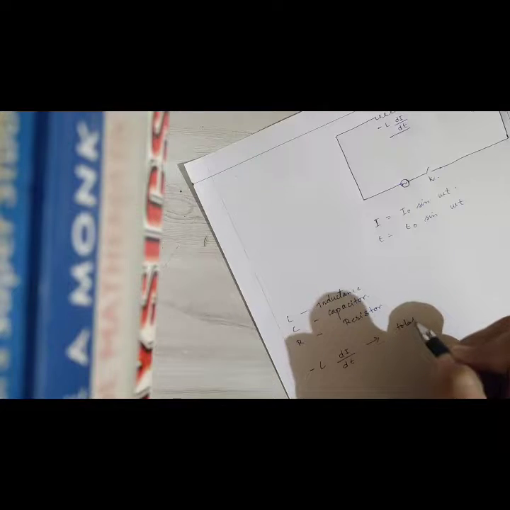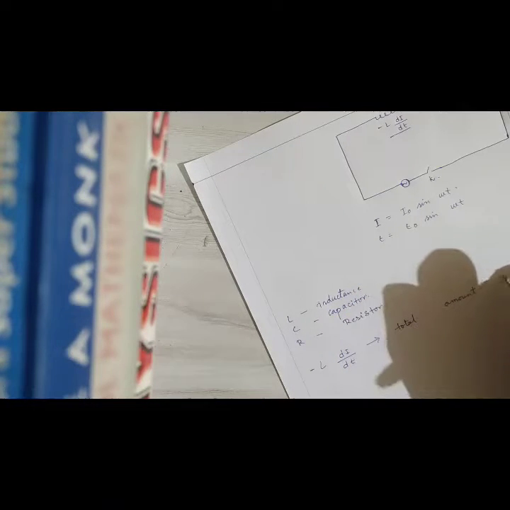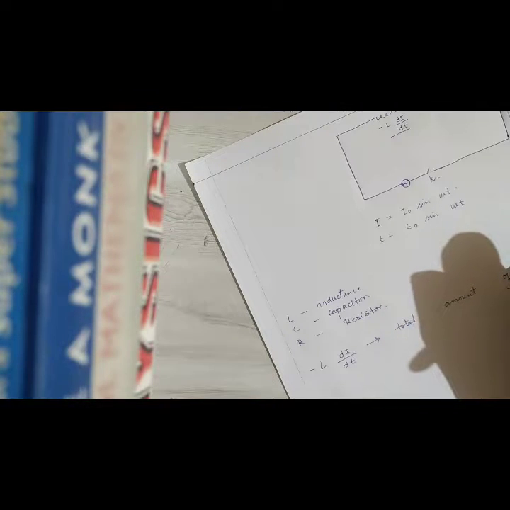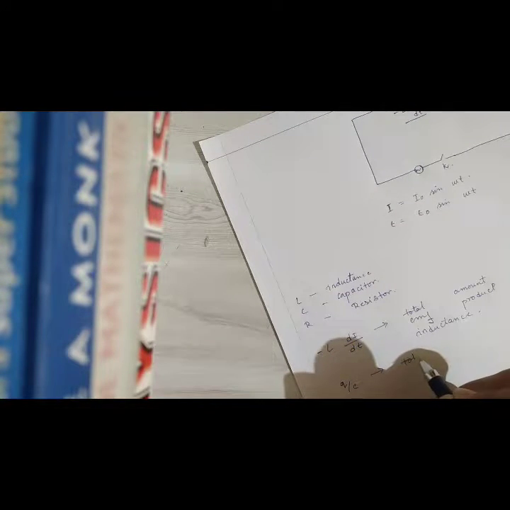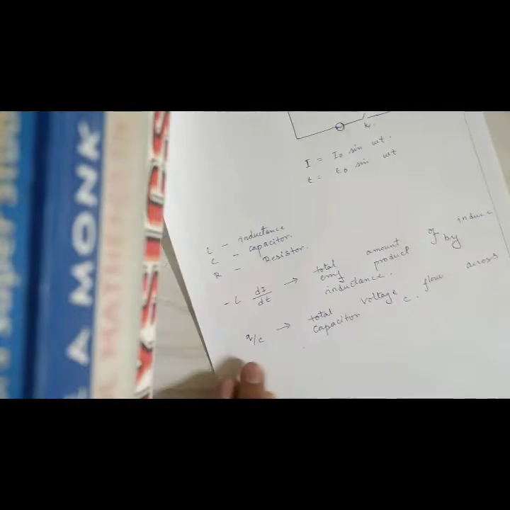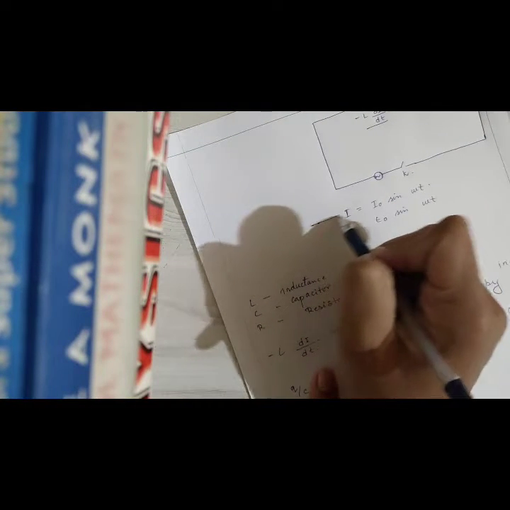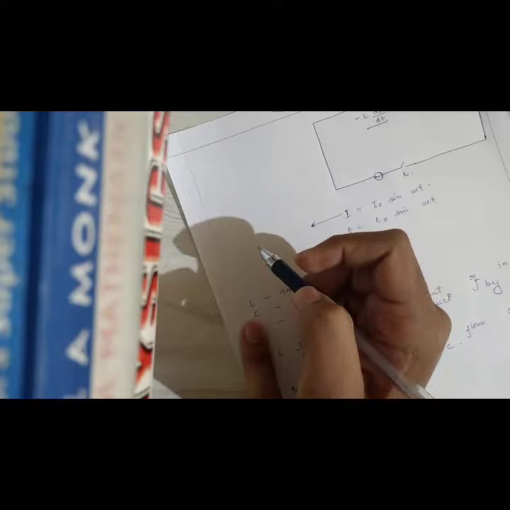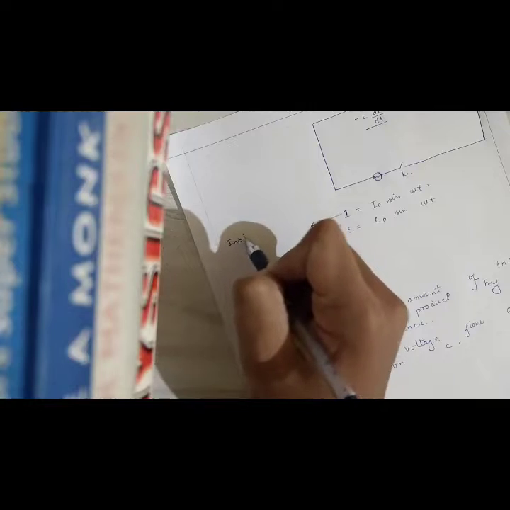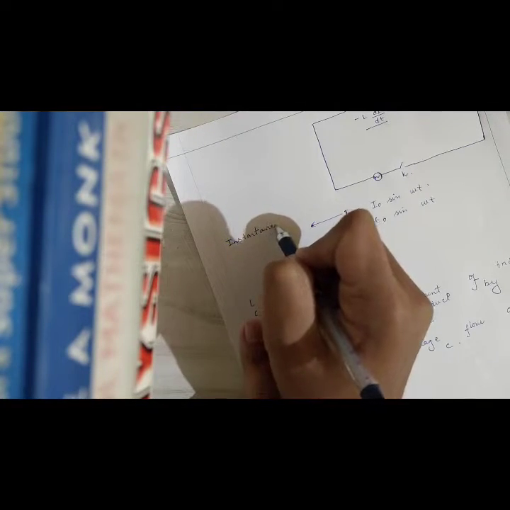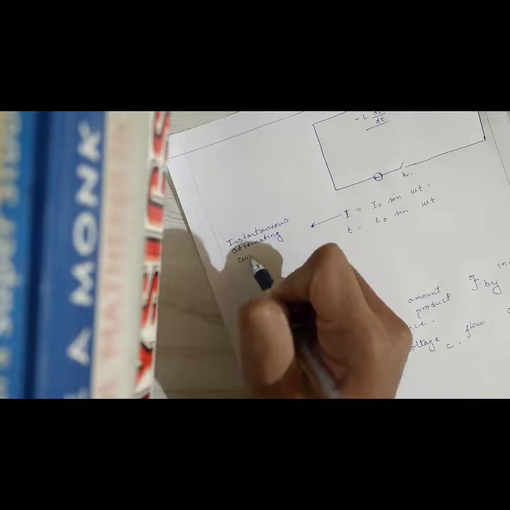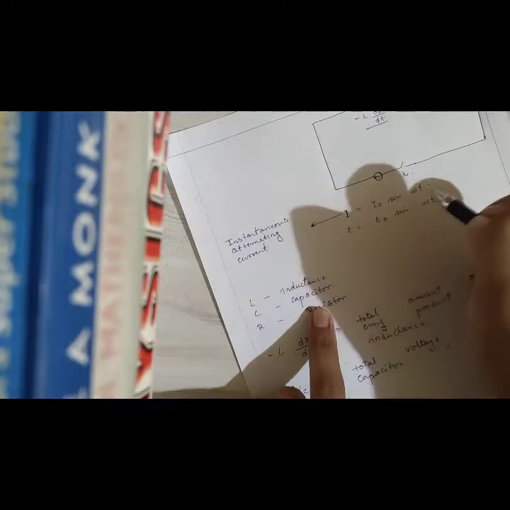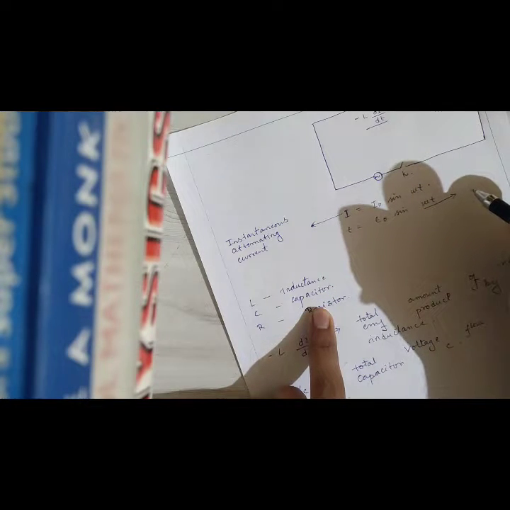Over C is our total voltage, this I is our instantaneous alternating current, and this E is our EMF of the LCR circuit.